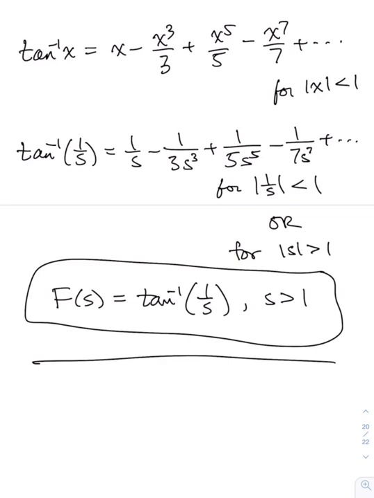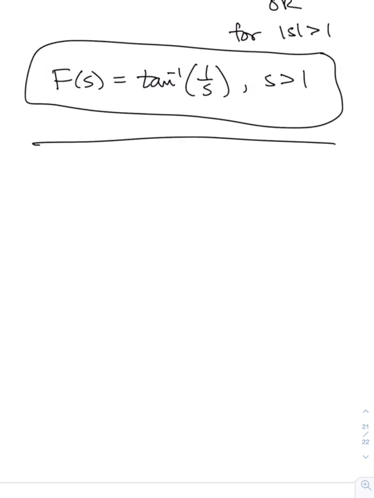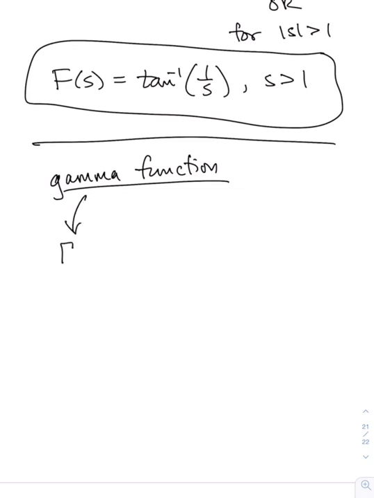Okay, the final concept that we want to introduce is something called the gamma function. The notation for the gamma function is capital gamma, and here's a formula to define it. Capital gamma of r is defined for r positive.